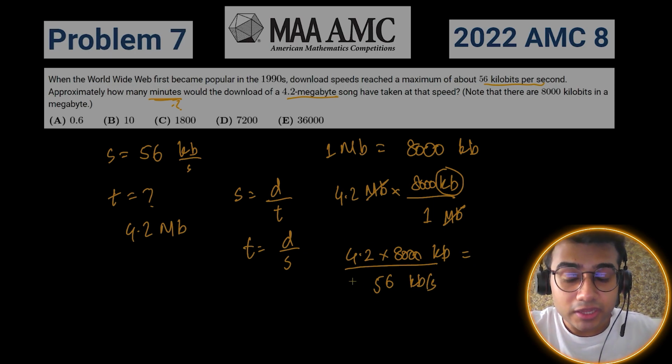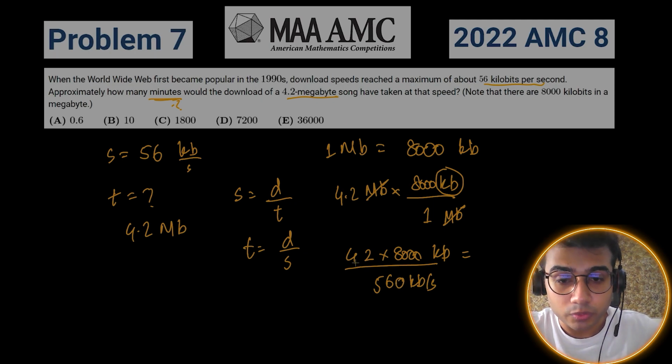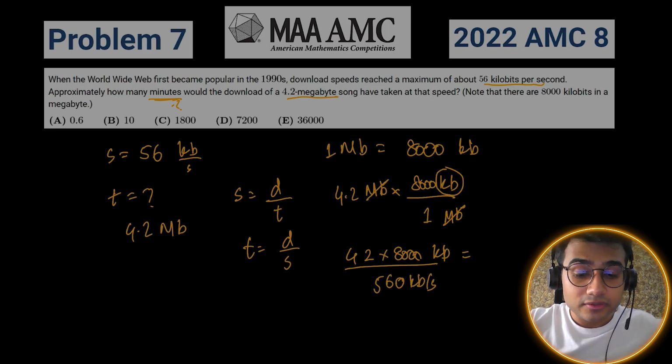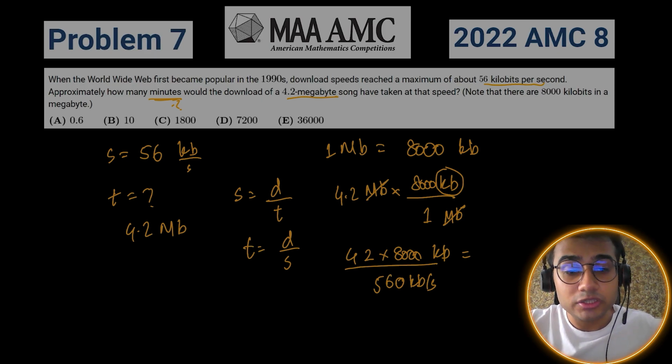Okay, so to do this calculation, first of all, let's get rid of this decimal point. For that, we can just multiply by 10 on both the top and the bottom. So this becomes 560, and this decimal point goes away. Now, let's try to cancel some common factors before we actually multiply them out.